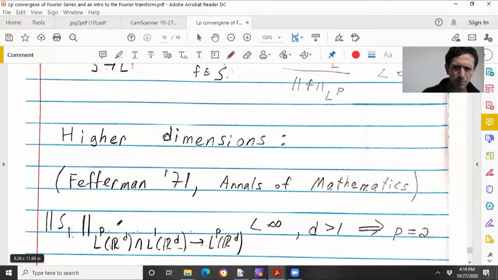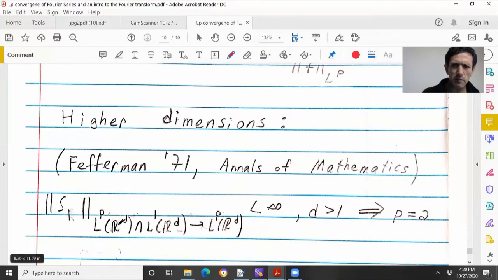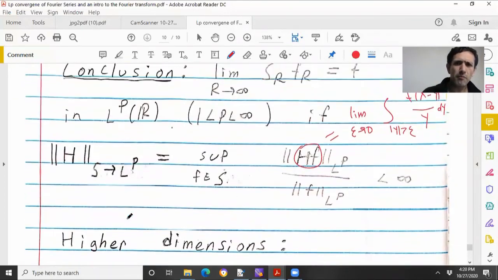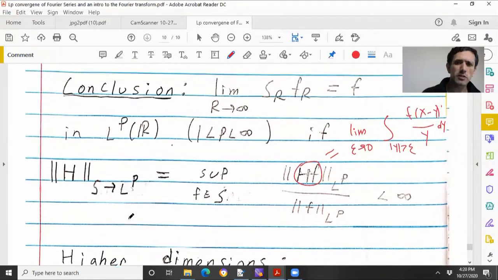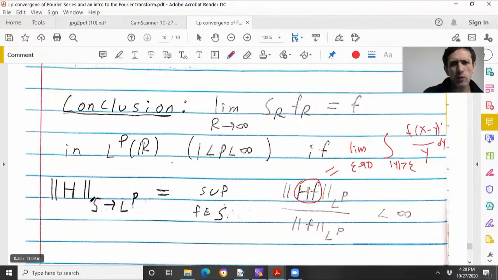It shows that this is not true in higher dimensions. And I should mention that we will prove that this is true if p is 1, that this operator norm is bounded.